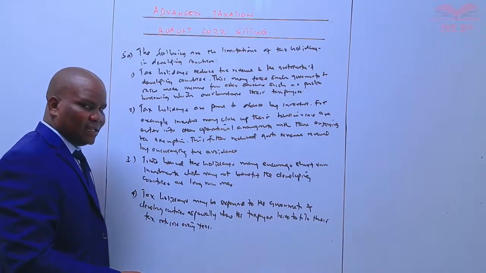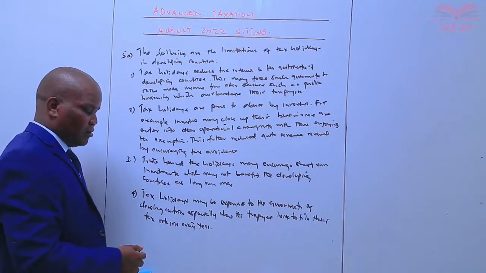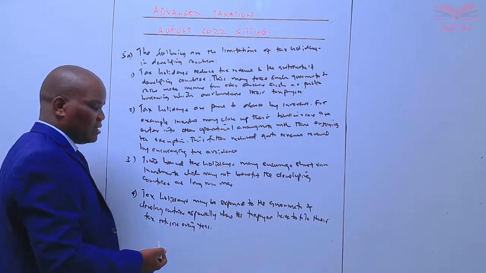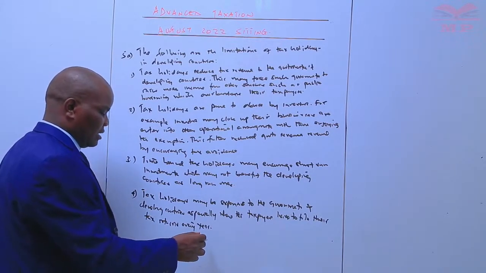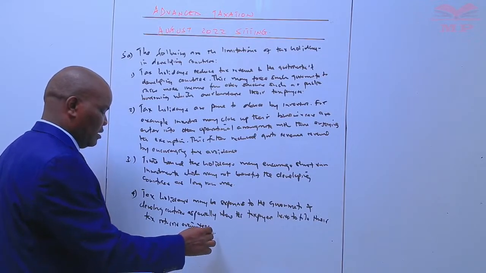Now remember, this is against nil revenue. So the government is spending so much to administer the tax holidays, but receiving nil revenue. So that may mean that the government will be losing so much because of the expensive exercises.